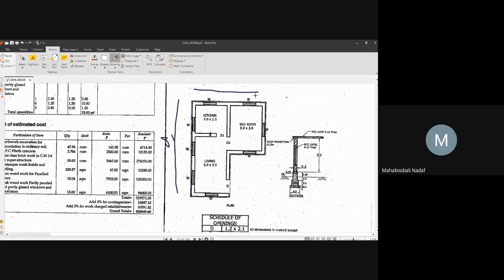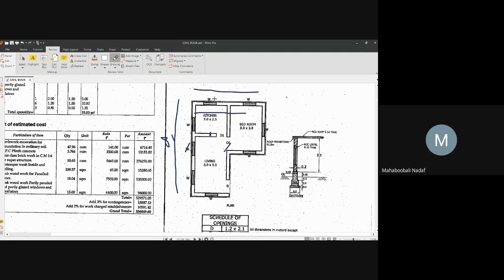How much? 0.3 by 2 plus 3 plus 0.3 plus 3 plus 0.3 by 2. 6.6 sir. It is 6.6. Correct? This and this are the same.